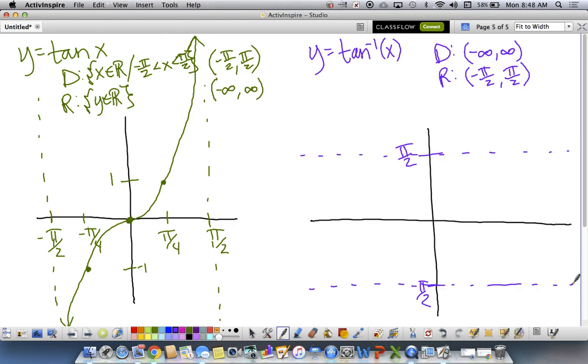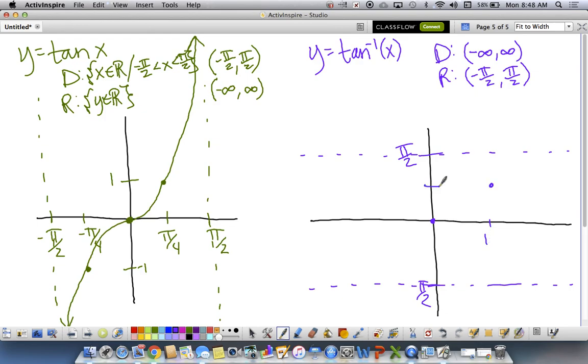And then pick your point. 0, 0, you know that. And then pi over 4, 1. So is it pi over 4, 1? No, it's 1, pi over 4. My bad.